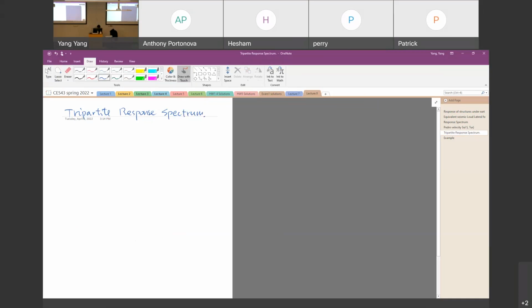Firstly, it's now pretty straightforward for us to get the response spectrum for displacement.